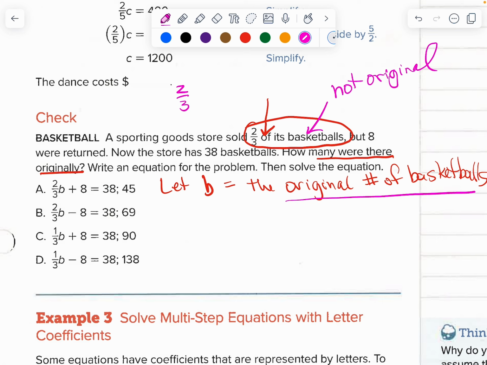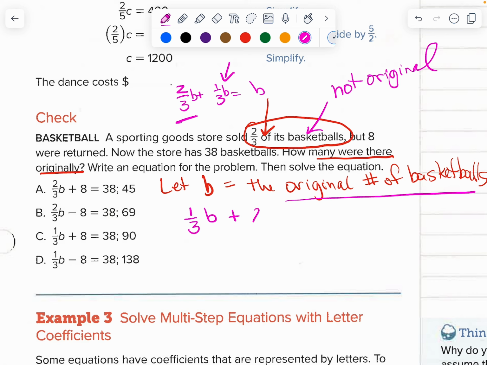So of the original basketballs, there were 1/3 of the original basketballs. That's the missing part, because 2/3 plus 1/3 will get a full amount. Oops, I should put B's. So what they have right this second is 2/3 B, but we want to know how many there were originally.